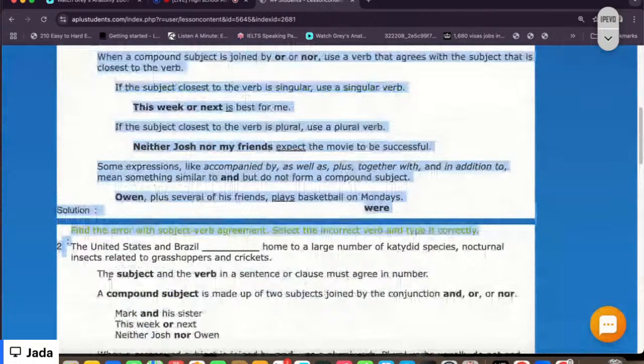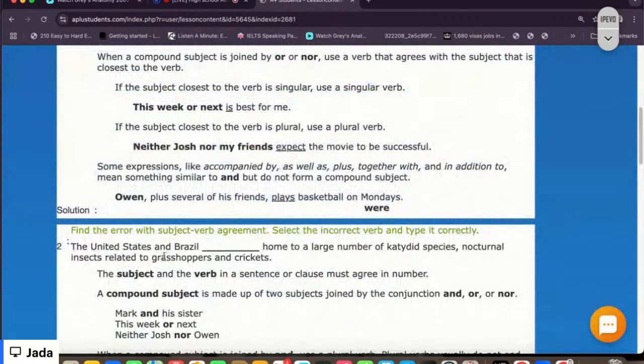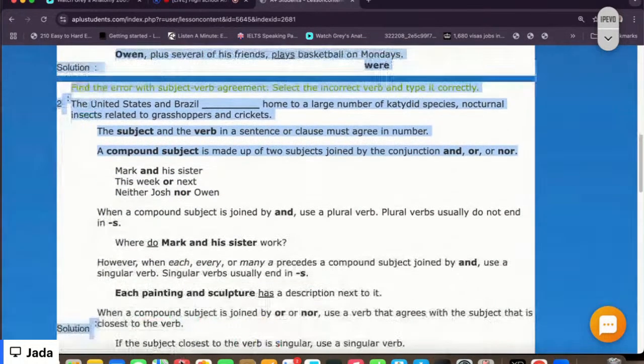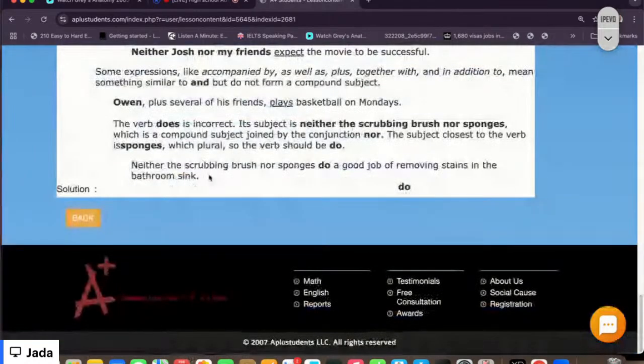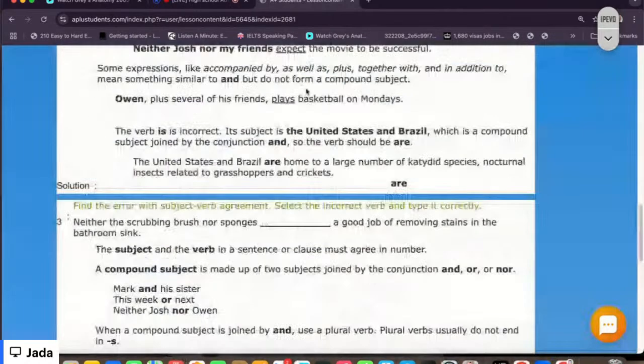Alright, so we have the United States and Brazil, dash, home to a large number of katydid species, nocturnal insects related to grasshoppers and crickets. It uses and, so we need to have a plural verb. So, are.